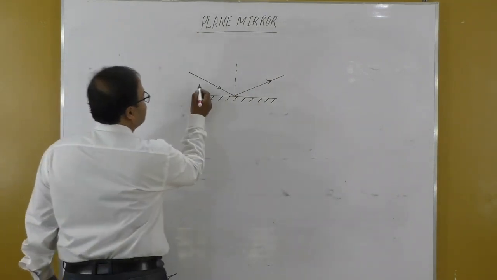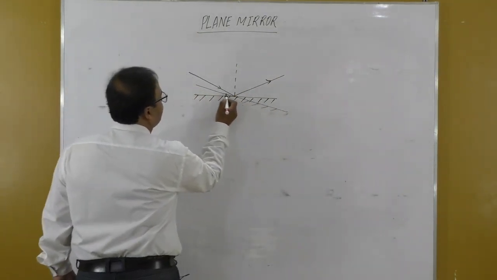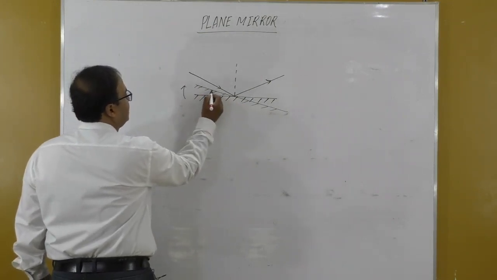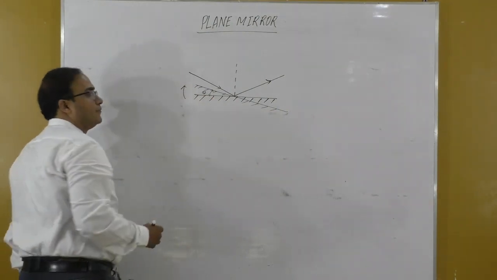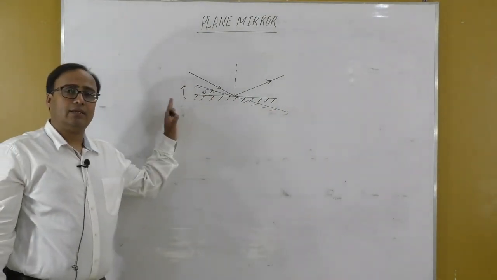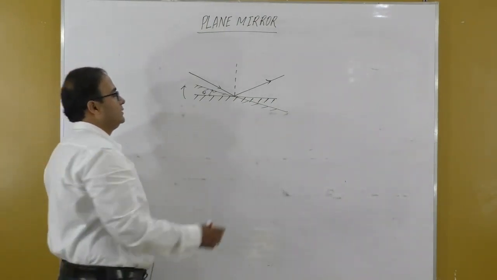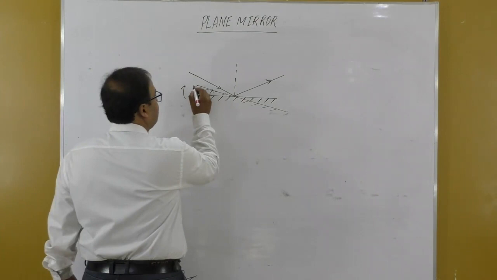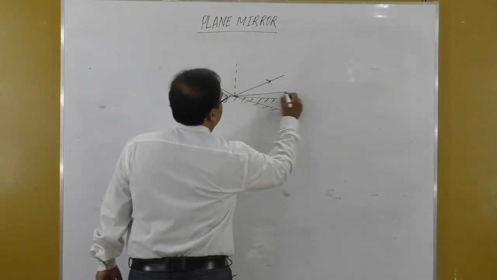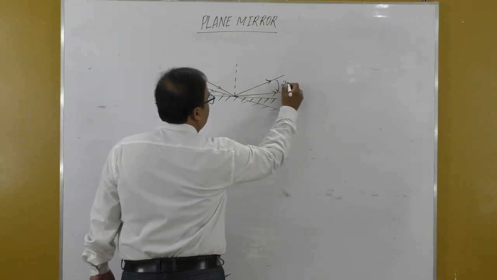If this mirror is tilted by angle theta, then by what angle will the reflected ray be tilted? If the mirror is tilted by angle theta, the reflected ray turns by angle twice theta.